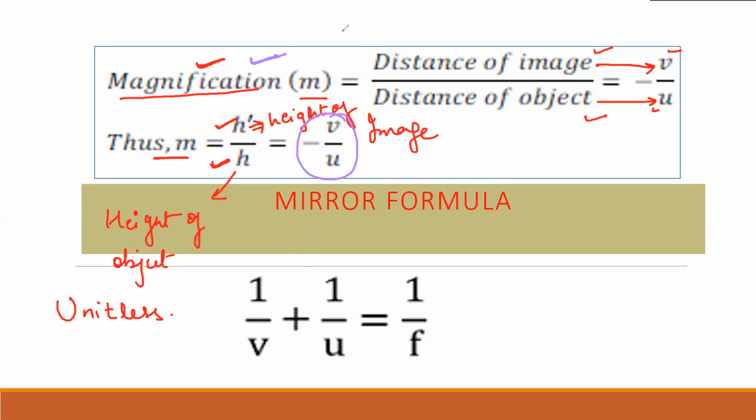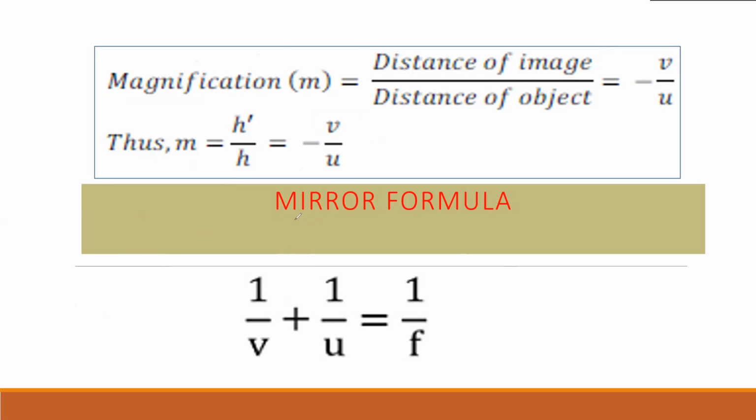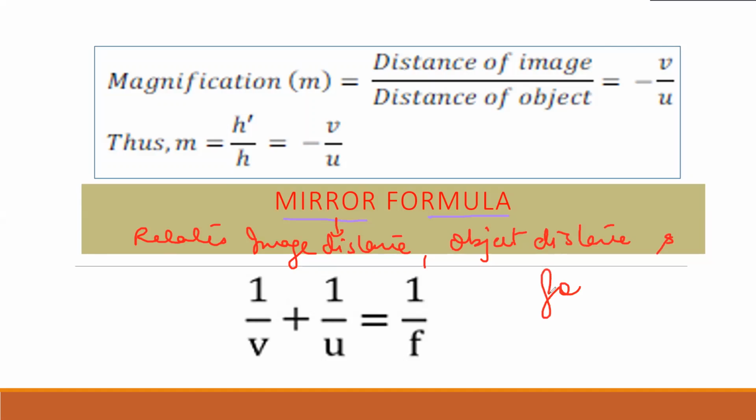Then we are having one formula called by name as mirror formula. This formula relates image distance, object distance, and focal length.